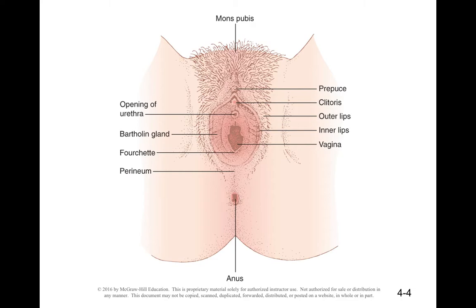The fourchette is what oftentimes gets cut in childbirth, right? If the baby's head is having a difficult time getting through, sometimes they'll cut the fourchette into the perineum, and they'll need to sew that back up to help the woman heal after childbirth.